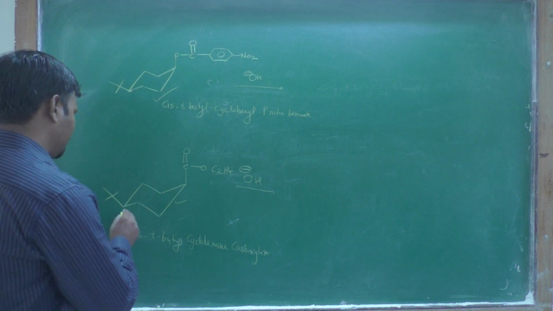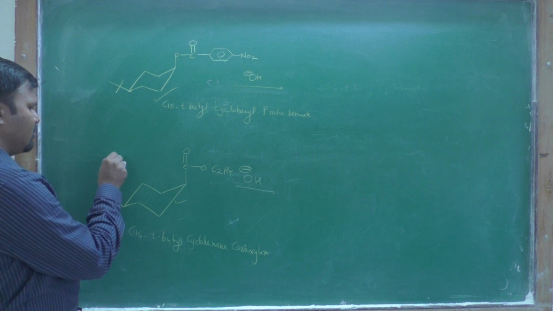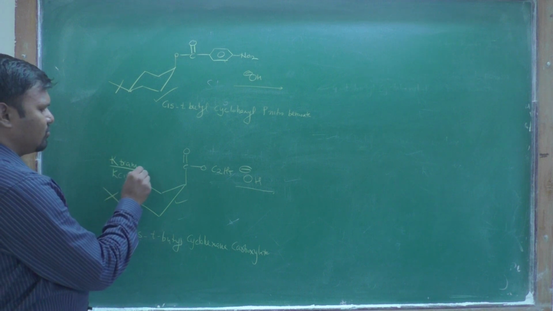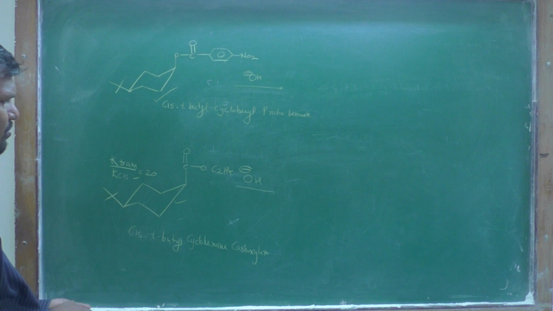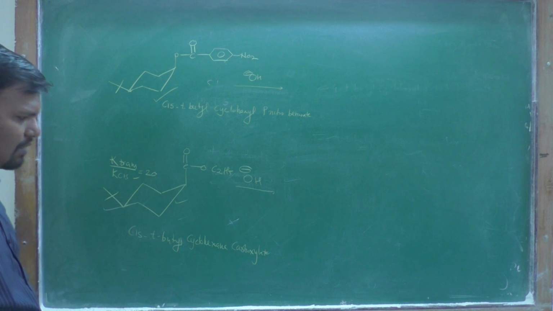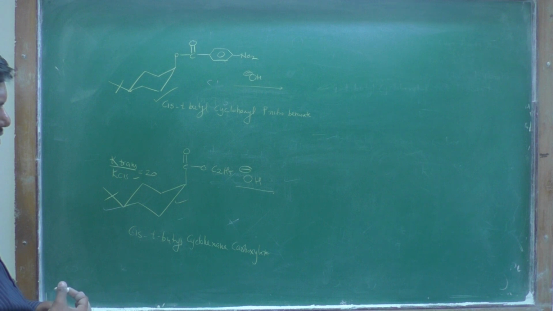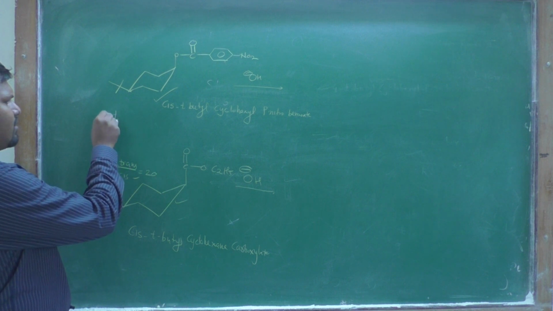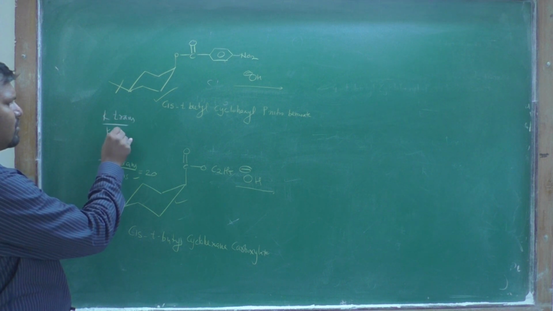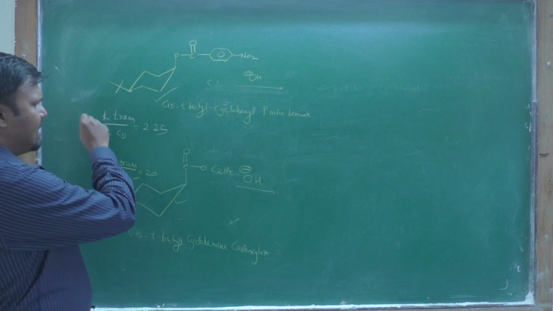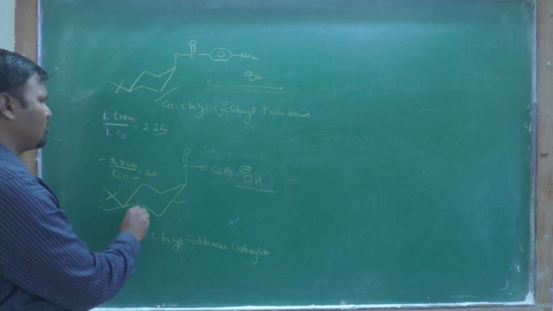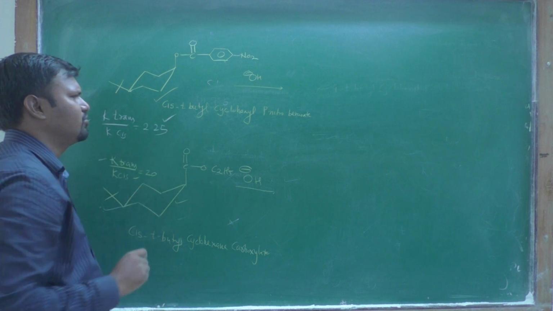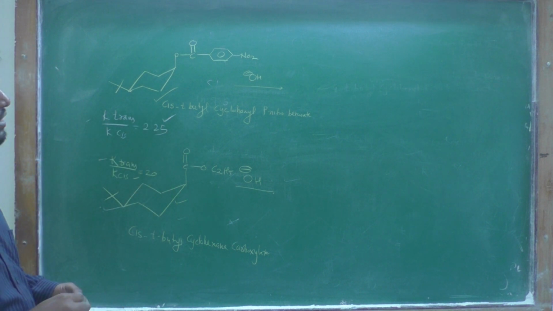In this case we have said that the rate of reaction for the trans is higher than the cis, 20 times higher. The rate of saponification of this carboxylate ester is 20 times more for the trans, and for this one the trans isomer and the cis isomer ratio is 2.22. As compared to this molecule, this shows the reaction rate of the trans isomer is higher.